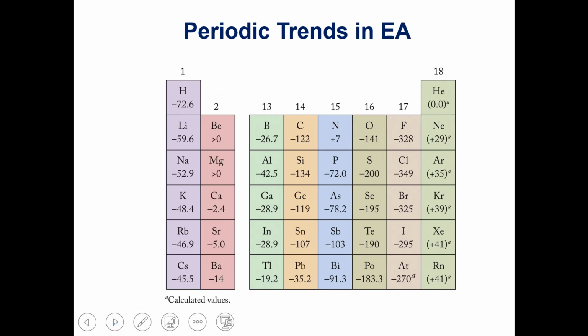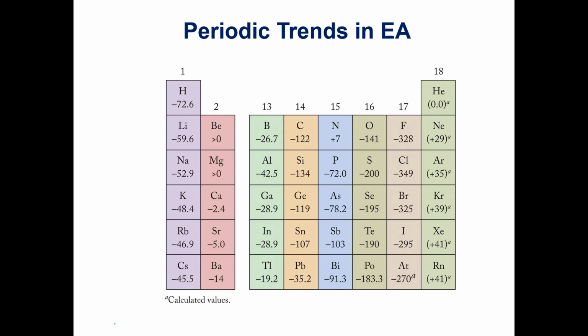This is a table to give you an idea of some of the electron affinity values. There are some anomalies, some that don't quite go in the predicted trends, but for the most part we get more negative as we go to the right and more negative as we go up.